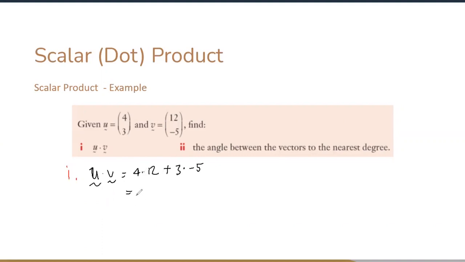So 4 times 12 is 48, and then 3 times 5 is minus 15, so we're going to have a minus 15. So this becomes 33. So our dot product for this question is 33.